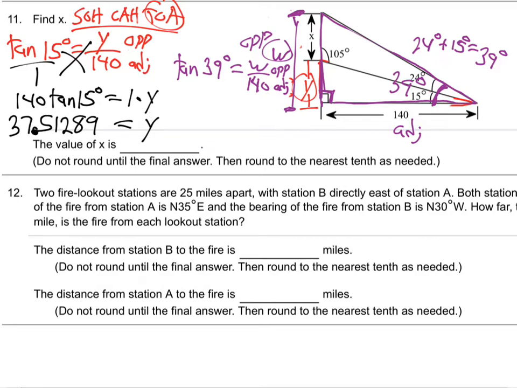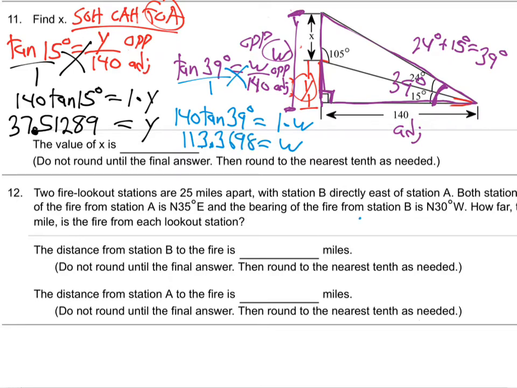Let's do it. I'm going to cross multiply, put this over 1, diagonal. 140 tangent 39 is 1 times W. W equals, again, make sure you're in degree mode, I'm getting 113.3698.